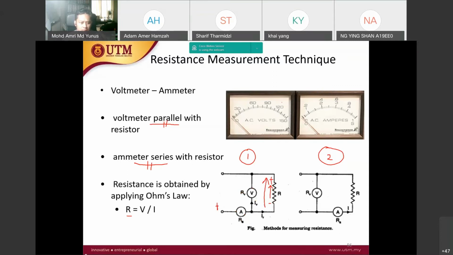If you look at the example, it seems the current is coming from here.